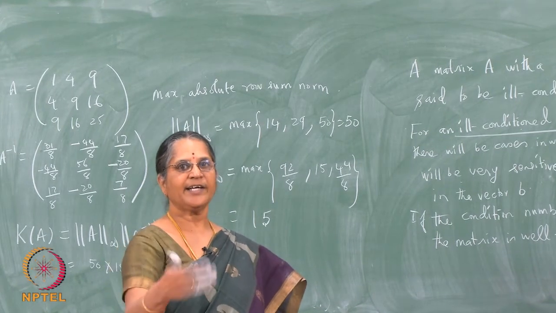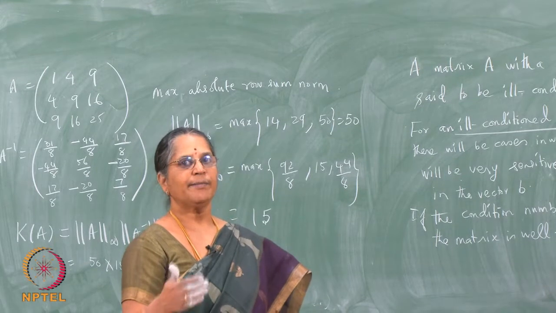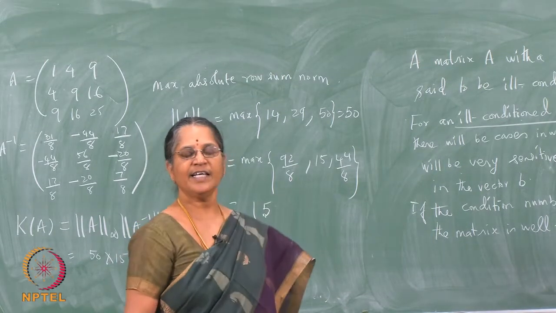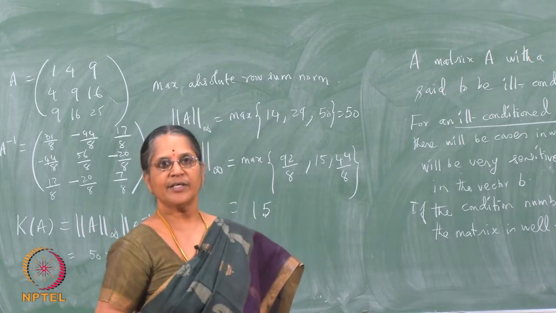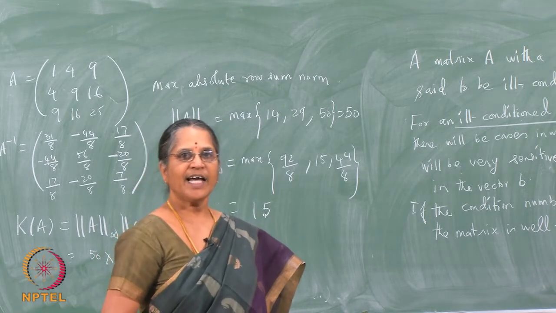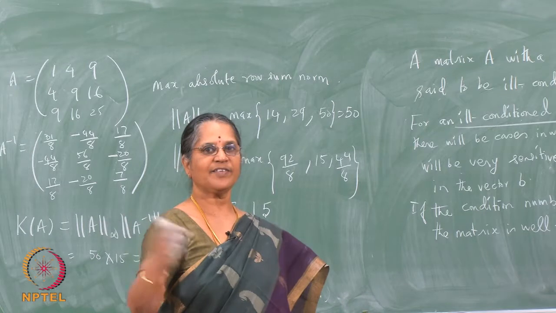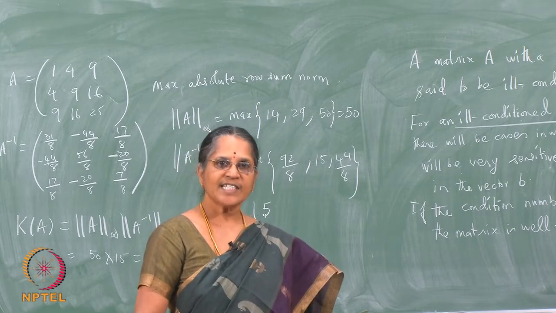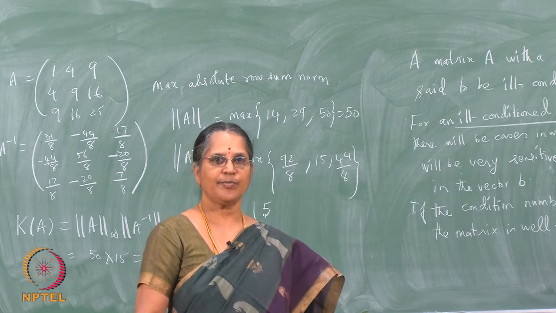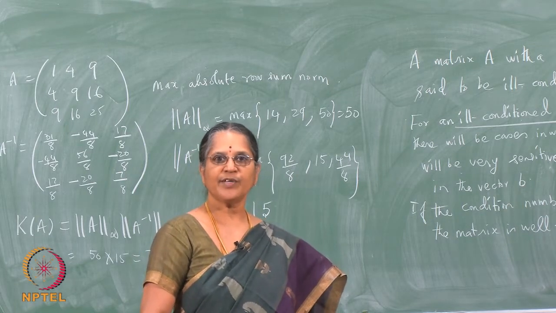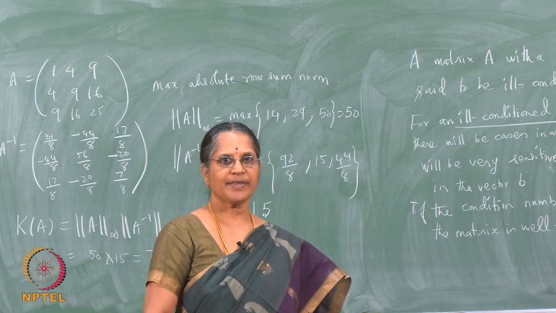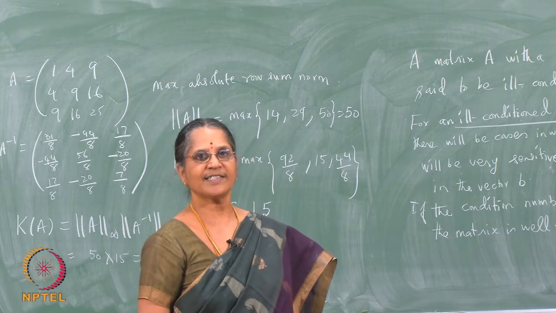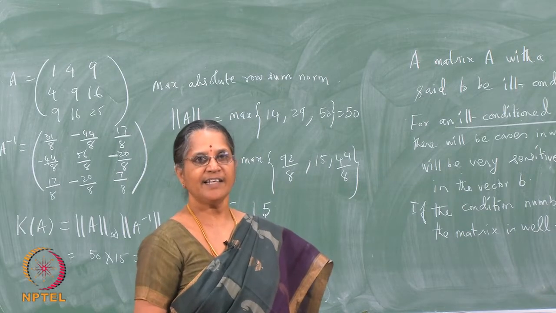Is there a way to make use of the results that we have derived in the error analysis, so that we can improve the accuracy of the solution of the system of equations Ax is equal to B, which are obtained using direct methods? Yes, it is possible, and we shall try to discuss these details in the next class.